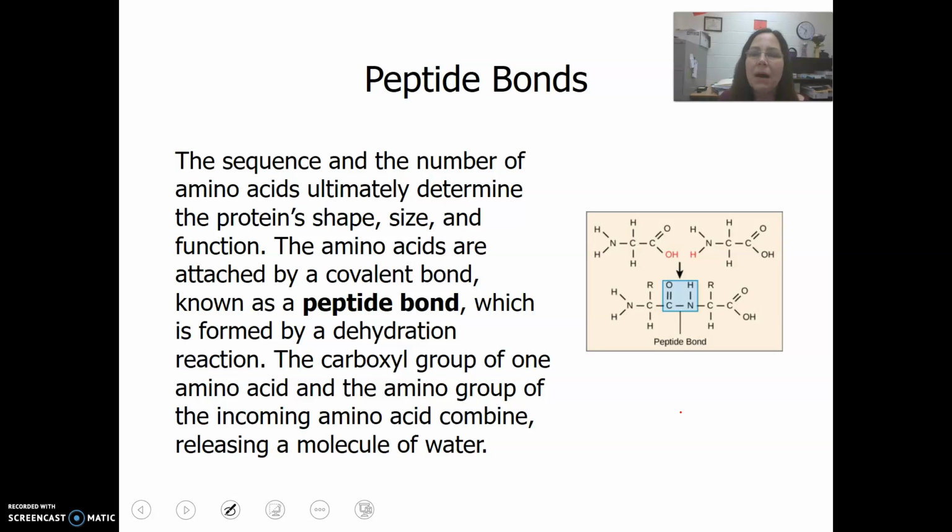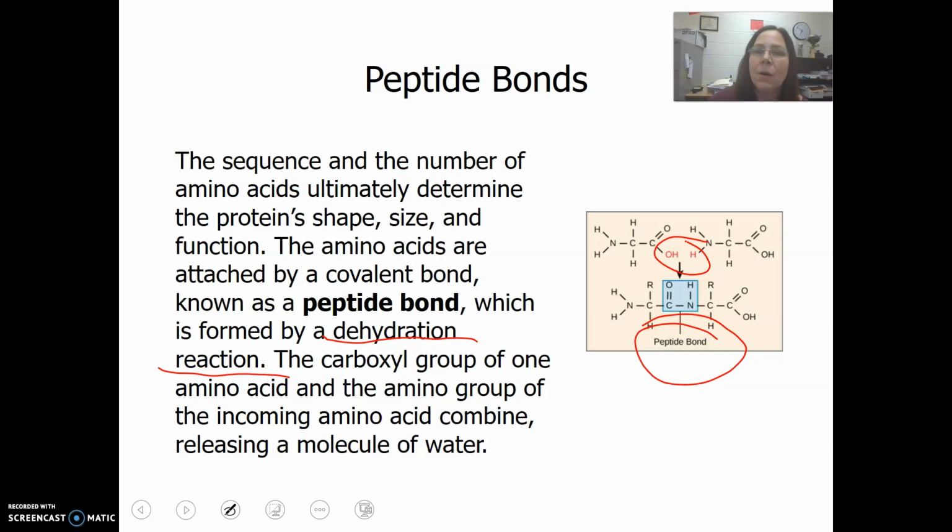The bond that links amino acids is called a peptide bond, and amino acids are linked together through a synthesis reaction that we know as a dehydration reaction, because it removes water during the reaction. Water is a product, in other words.